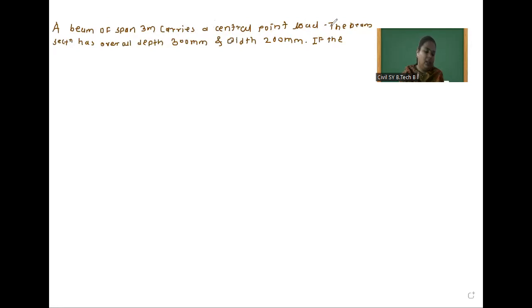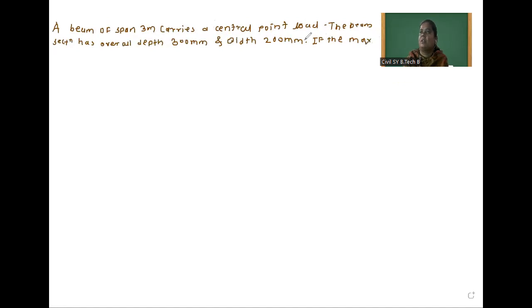If the maximum shear stress is to be 50 Newton per mm square, calculate the value of central point load.